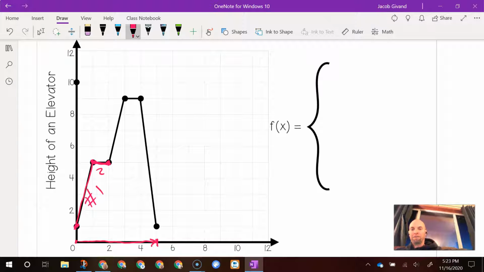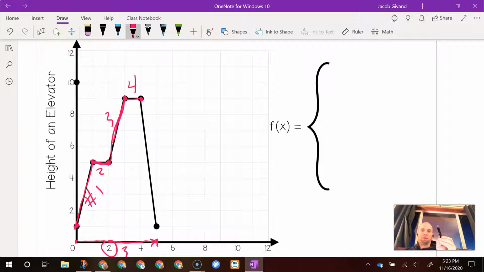That's the second part. Then from 2 to 3, it's rising steeply during that time. That's the third chunk. Then from 3 to 4, that's the fourth chunk.